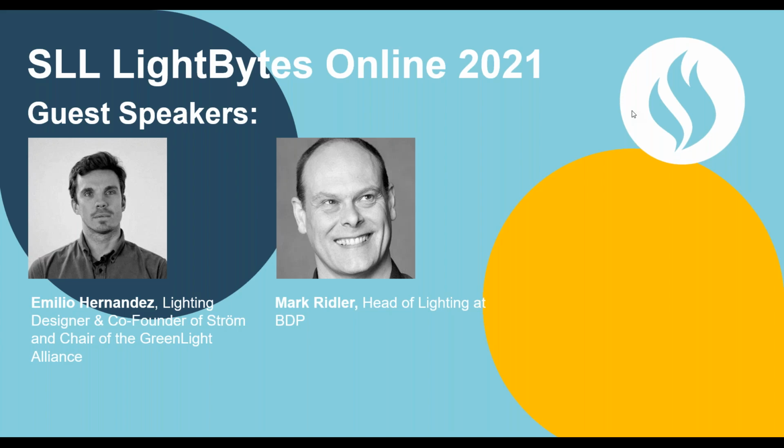In his role as head of lighting for BDP, Mark made the decision that 2020 would be the year of the circular economy for his design team. Following a period of research and discussions with stakeholders, they set about developing and changing their design process and specification to make some concrete contributions.